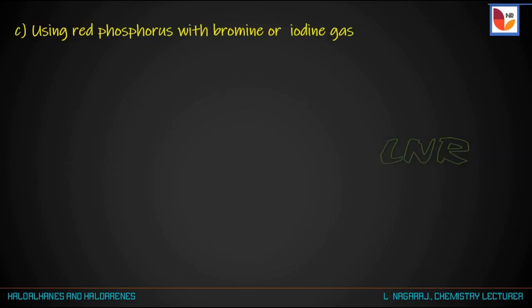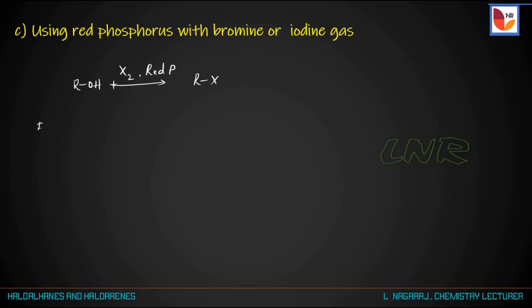Next method of preparation of haloalkanes from the alcohol by using red phosphorus and halogen gas. That is, when alcohol reacts with the halogen gas in the presence of red phosphorus, it gives the product RX.